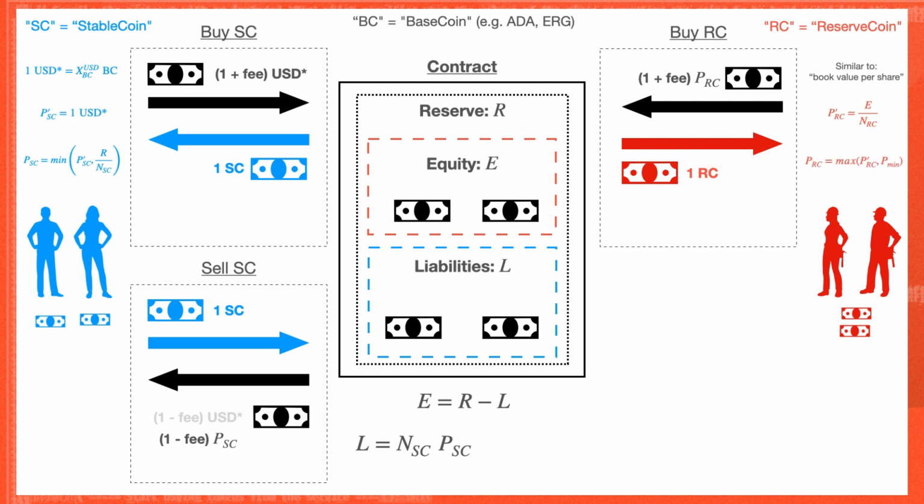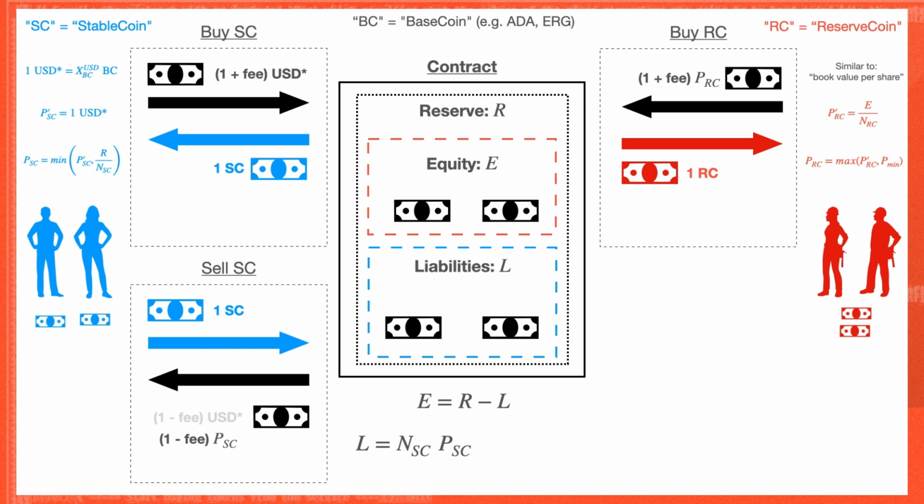Now, because the equity may go down to close to zero, if we just charge the book value per share for reserve coins, we could end up selling reserve coins for a price that is too close to zero.